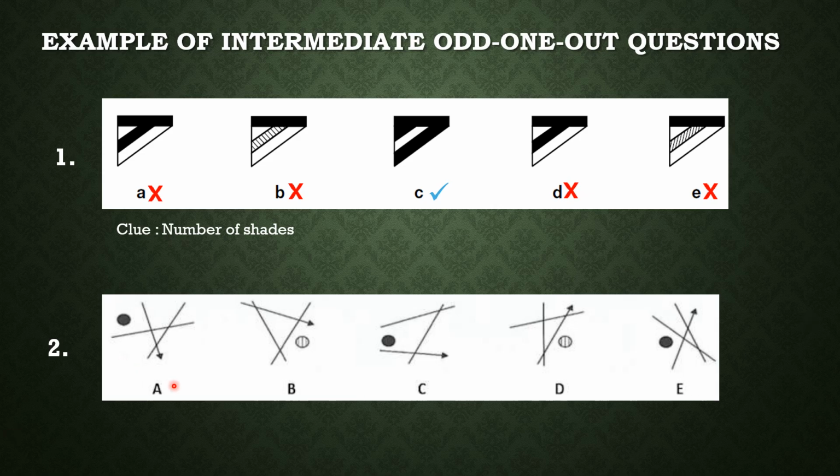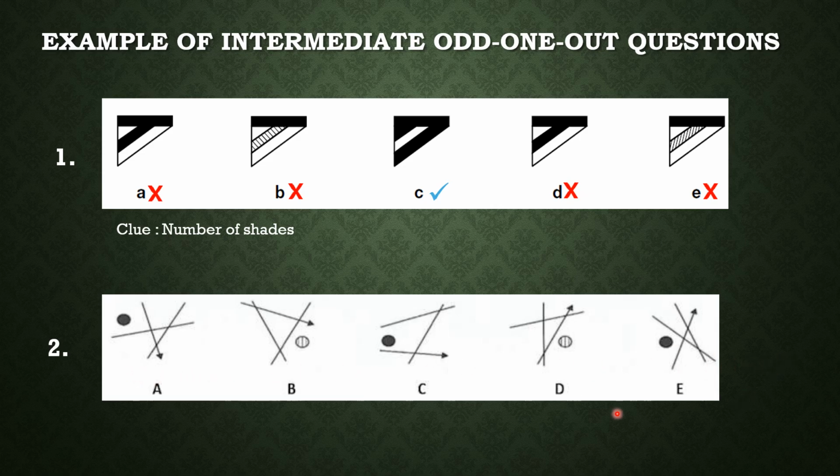In this question, we can see there are three lines and one circle. Some of the figures have a circle with dark shading and some have a semi-transparent shading. So based on that, we cannot identify the odd one out here.